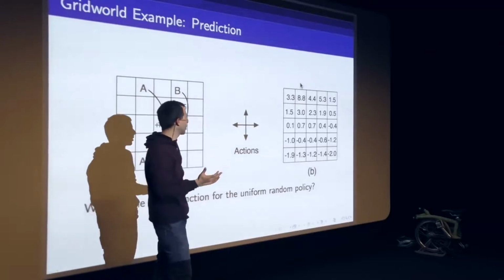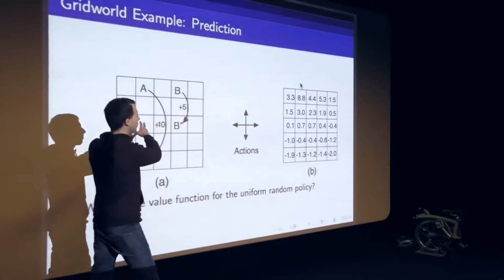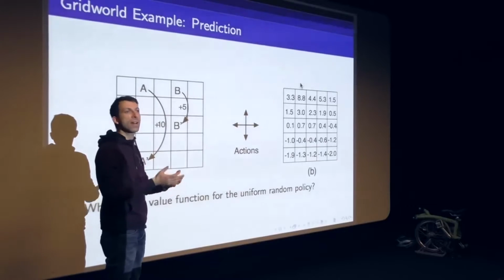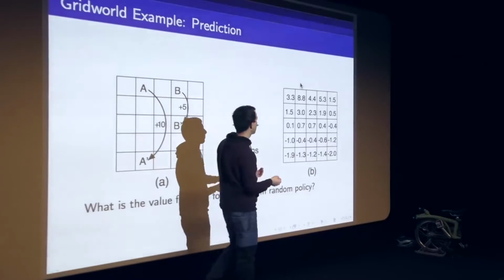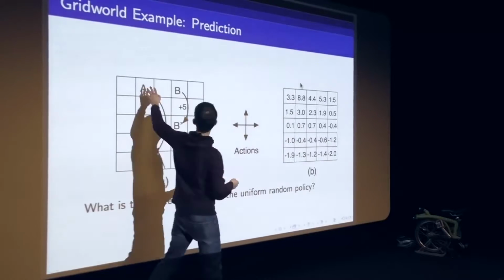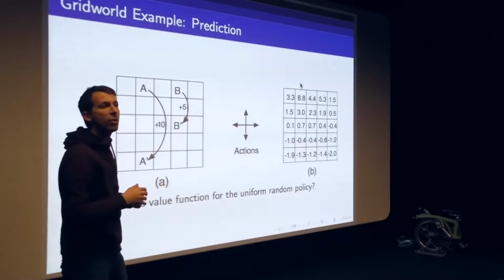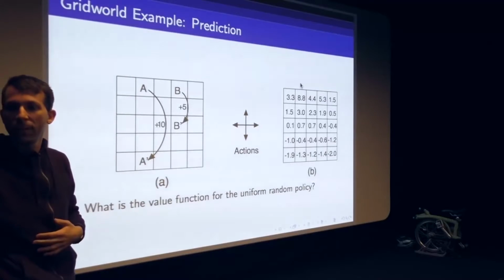We can ask, what's the value function for the uniform random policy? If we just move around this grid randomly, how much reward will we get? That's a prediction problem. We're just asking, for this fixed policy of behaving randomly, how much reward will we get? This is the answer. At best, if you're in this top state here, you get 8.8 units of reward in total going into the future, roughly. And we'll see how to solve these things in subsequent lectures.